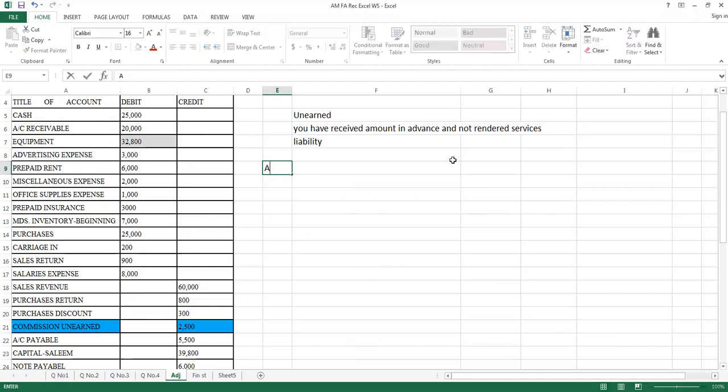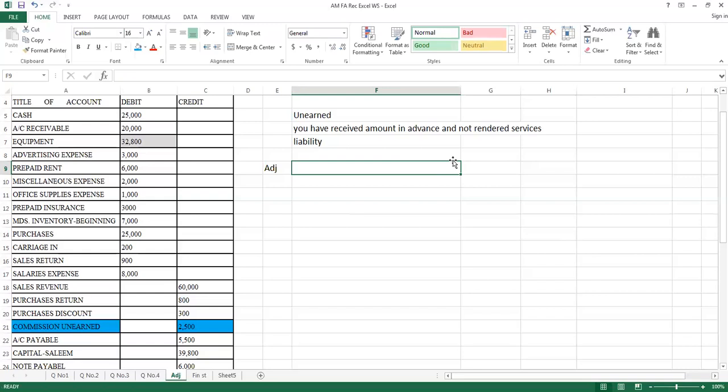Now student, it is possible that in the adjustment the question is telling you that the firm earned $400 from unearned commission.